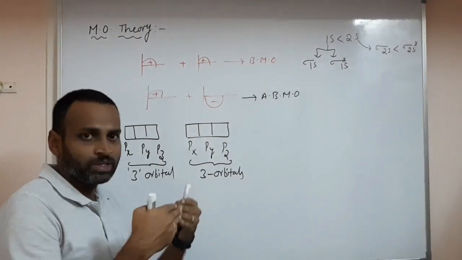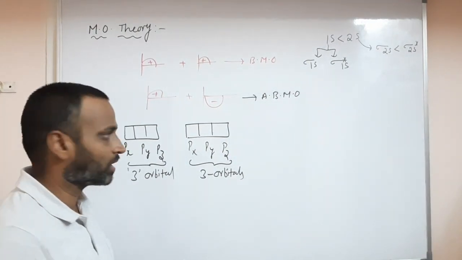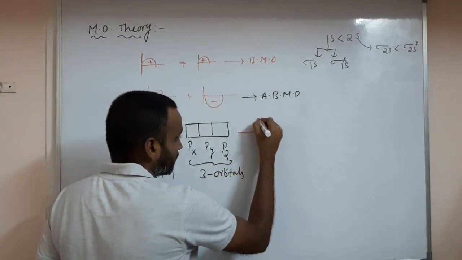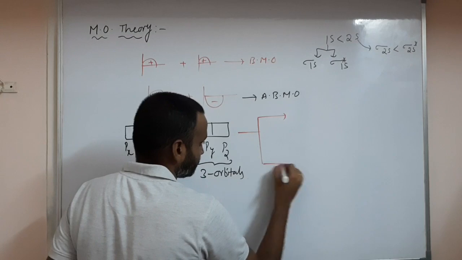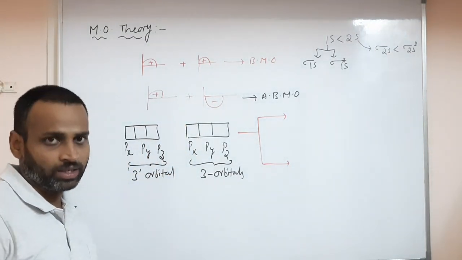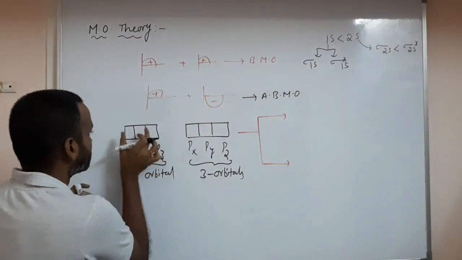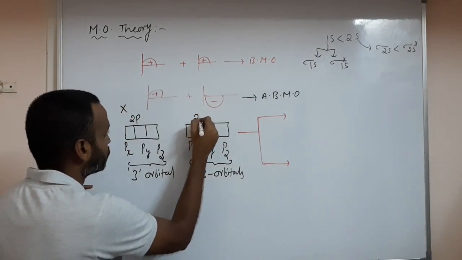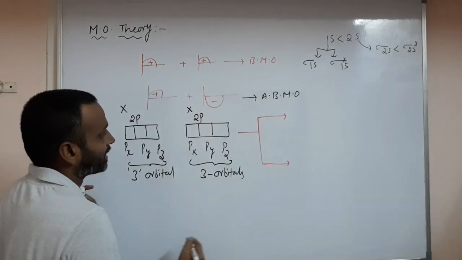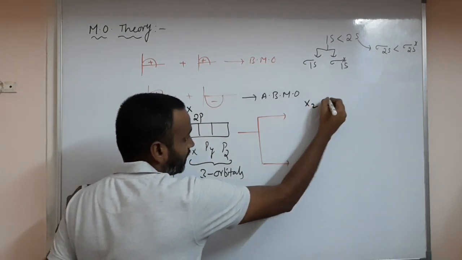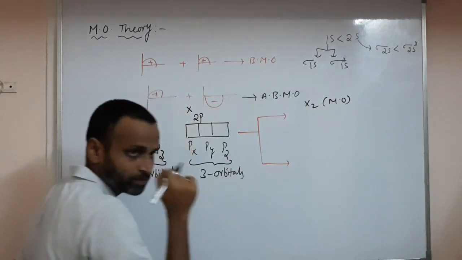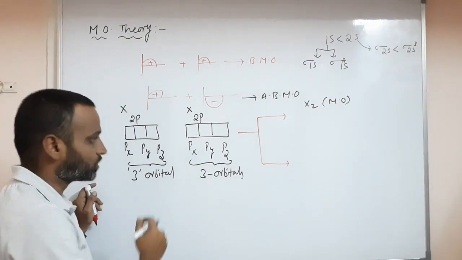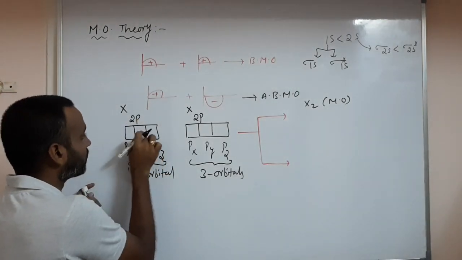Same story: one is symmetrical overlapping and the other is unsymmetrical overlapping, and there are 6 molecular orbitals. Why? This is the 2p subshell of a particular X atom, and this is the 2p subshell of another X atom. Then X2 has 6 molecular orbitals, because each 2p has 3 orbitals.